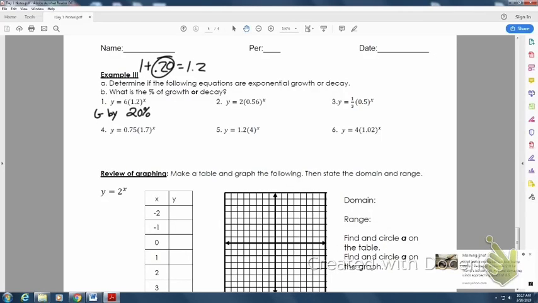Allie, number 2, would that be growth or decay? Decay. By what percentage? 44. By 44%. Peyton Edwards, number 3, would that be growth or decay? By what percentage?